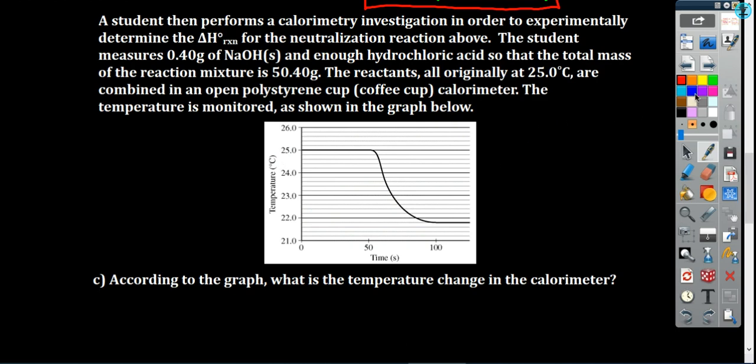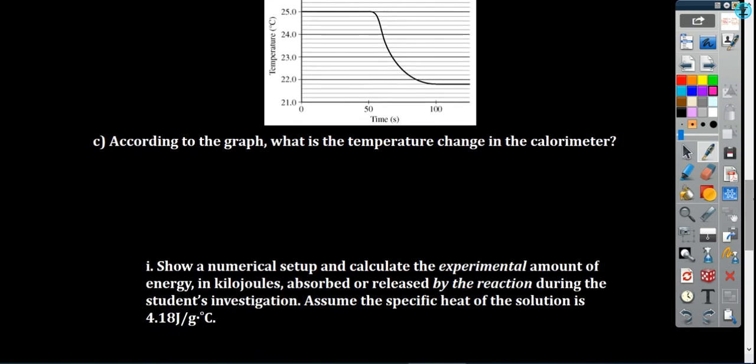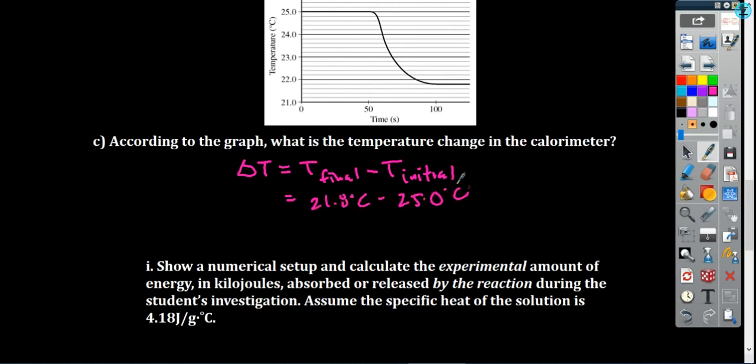It says, according to the graph, what is the temperature change in the calorimeter? So remember, temperature change is the final temperature minus the initial temperature. So T final minus T initial. My final temperature is 21.8 degrees Celsius. My initial temperature, 25.0 degrees Celsius.